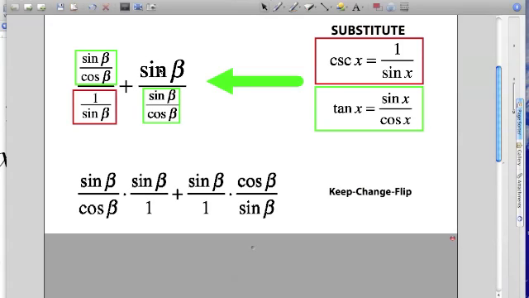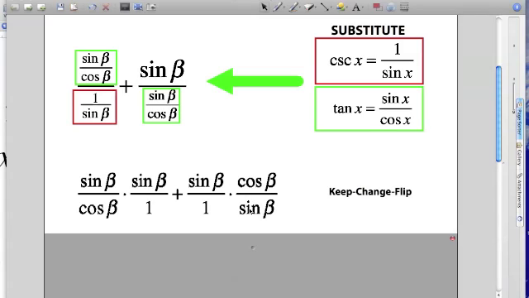On the top is sine over 1, and the second fraction is flipped over to cosine over sine. We are going to multiply each of the 2 fraction pieces together. For the left 2 fractions, you get sine times sine and cosine times 1. And on this side you get sine times cosine over 1 times sine. You'll notice something here.